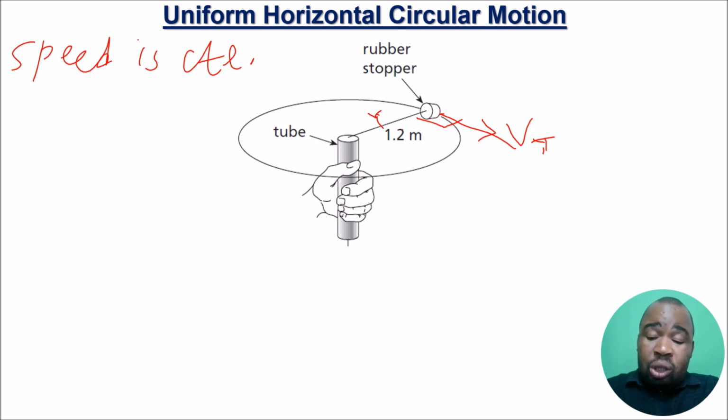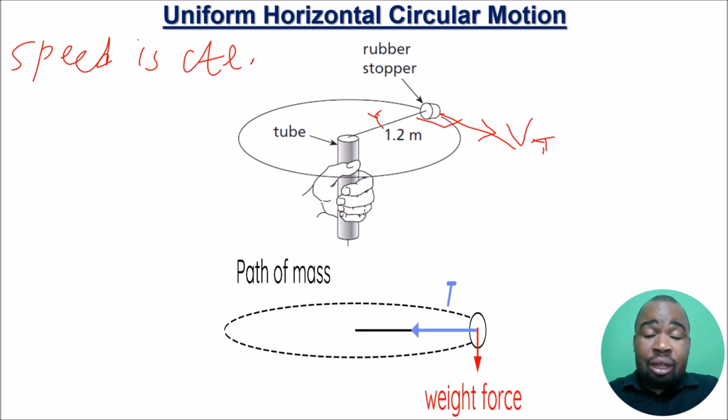Now I want you to see that in a circular path, the weight of the object and the tension, which provides the centripetal force, is always perpendicular to the radius of the circle. The weight and the radius are perpendicular, and our centripetal force is along the radius. So these two are perpendicular.